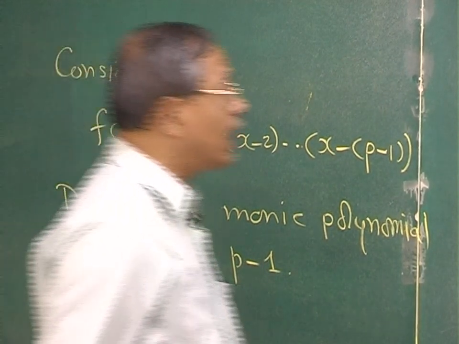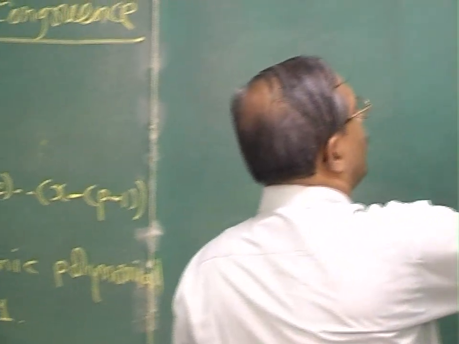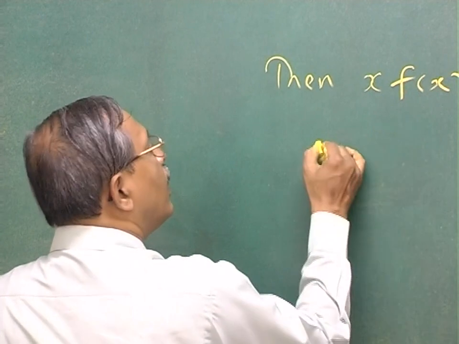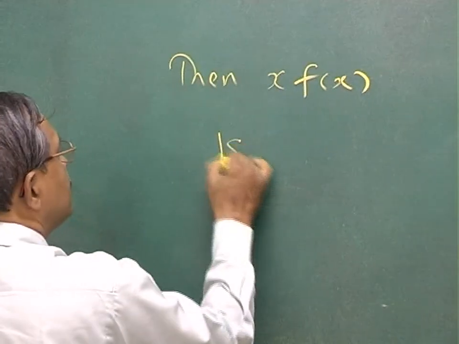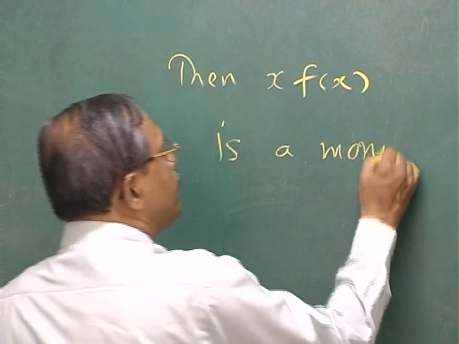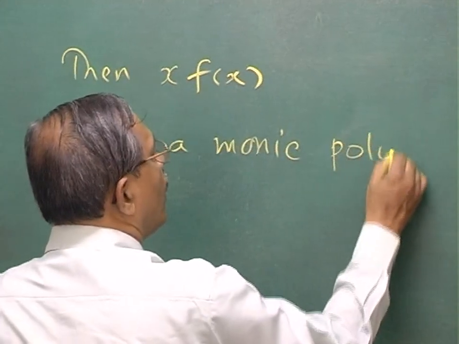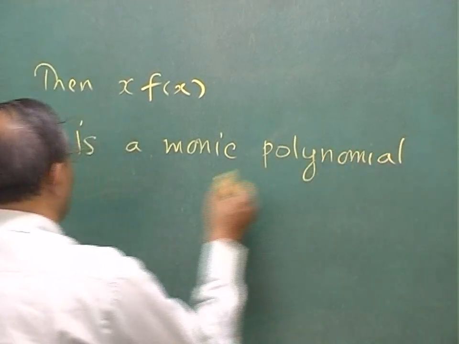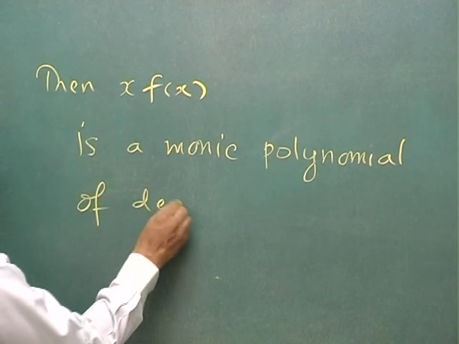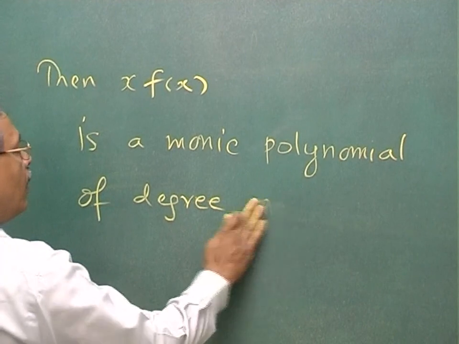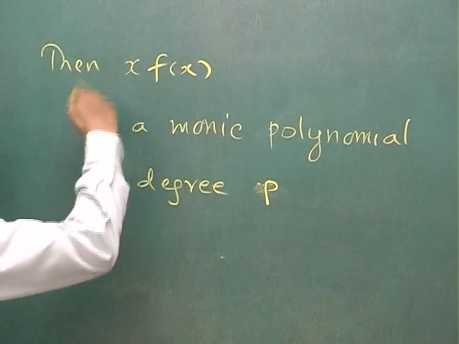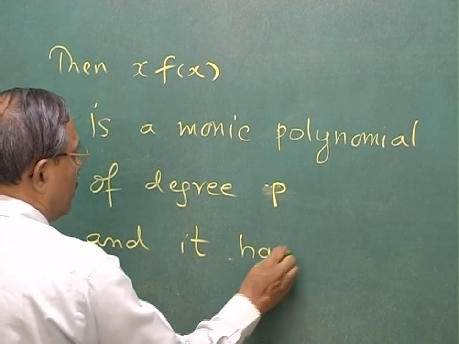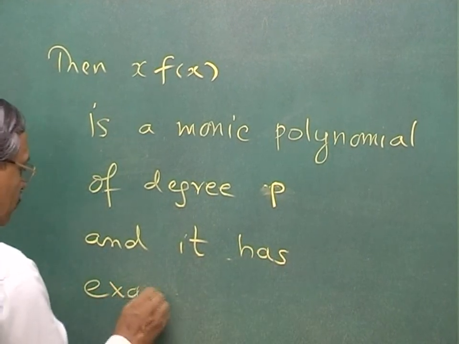If you take x times f(x), x times f(x) is a monic polynomial of what degree? Degree is p, and it has exactly p solutions.